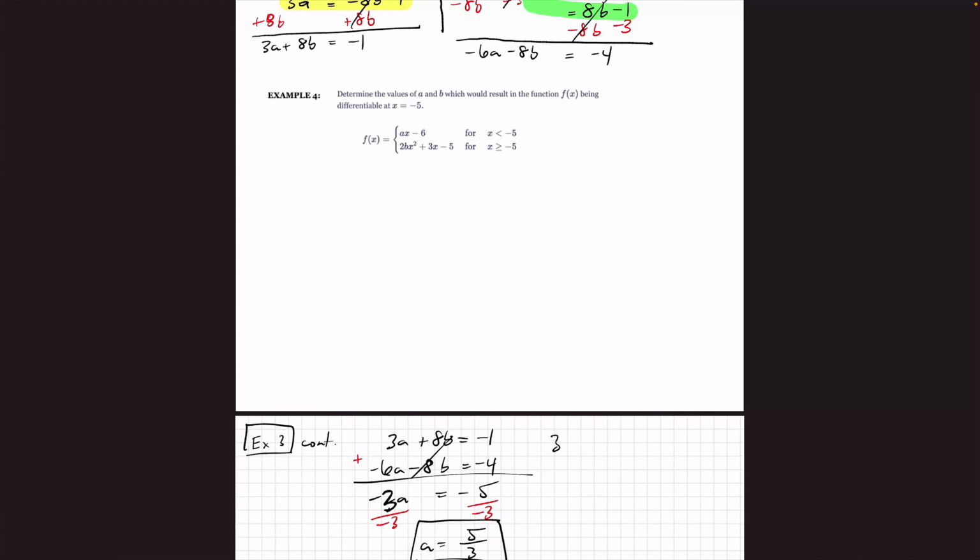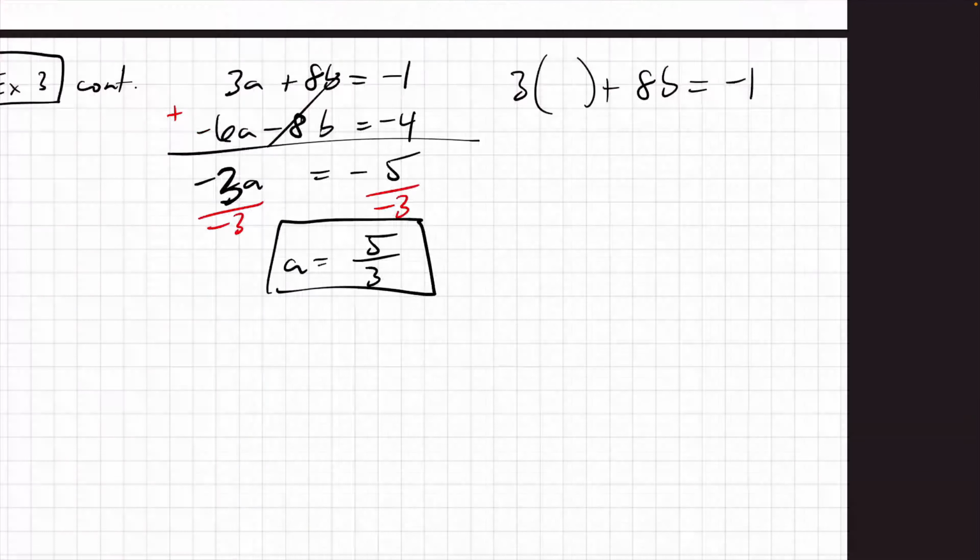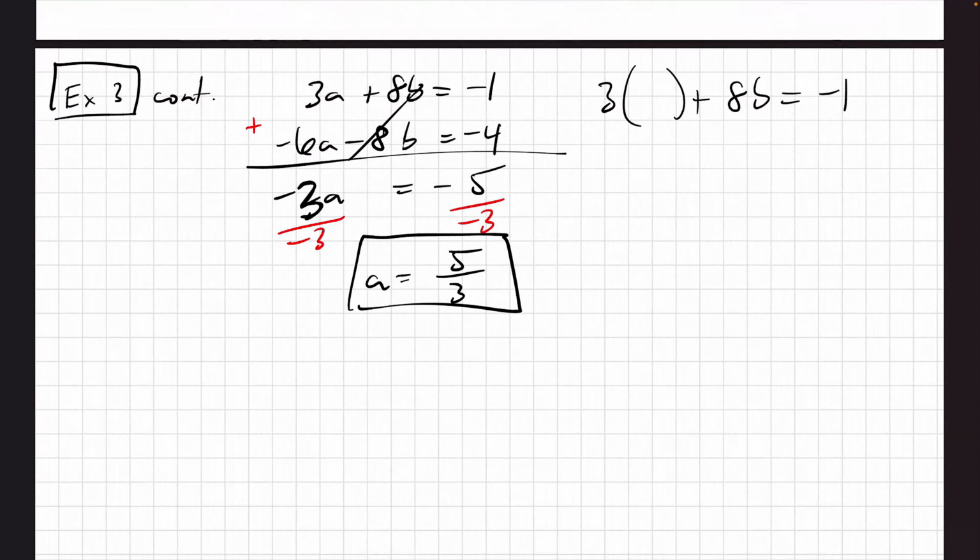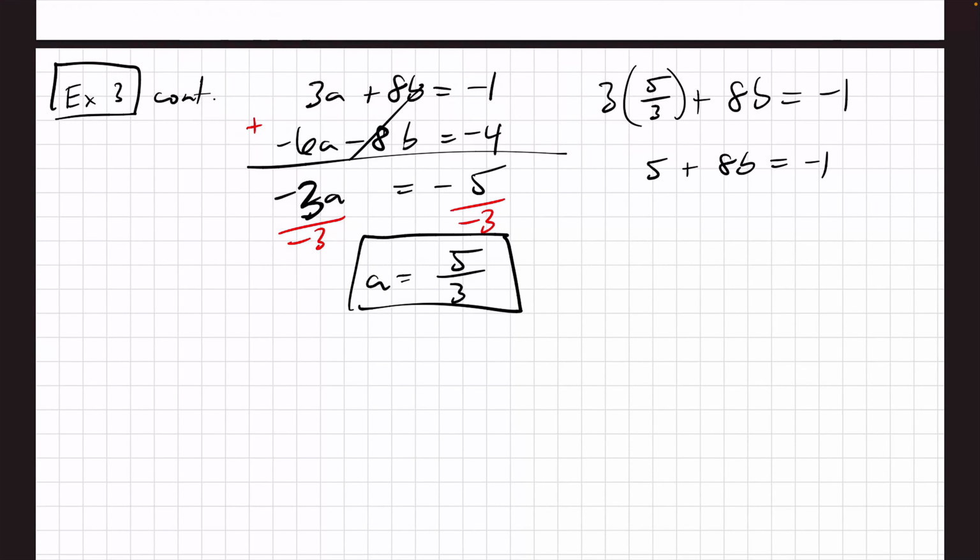So we got 3a plus 8b equals negative 1. I'll plug it into the first one. With 5/3, it would just be 5 plus 8b equals negative 1, because the 3's will cancel out. Subtract 5 from both sides.